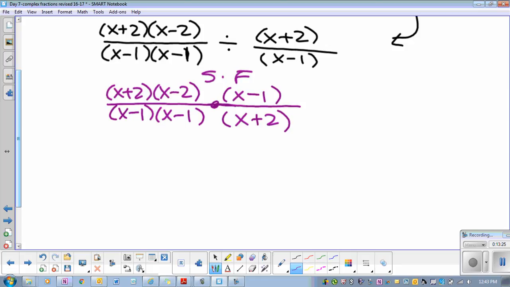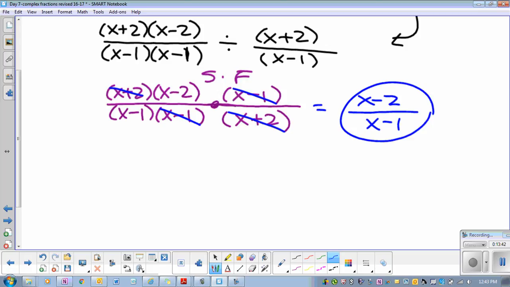What cancels out? X plus 2 and one of the x minus 1. Okay, good. And only one of the x minus 1. All right. So then, what's left over? X minus 2 over x minus 1. Good. That's it. So this one wasn't too bad because you just had to simplify your numerator.